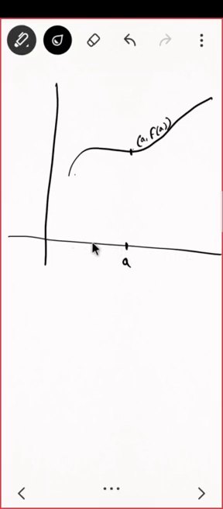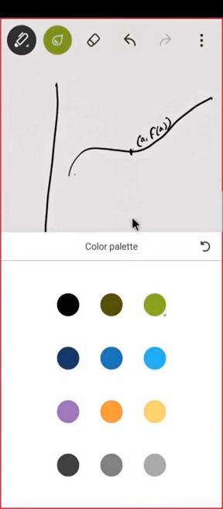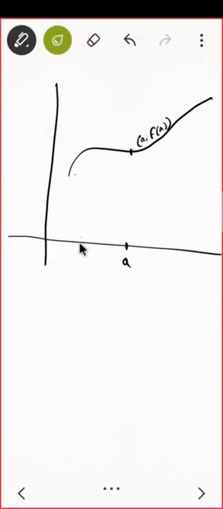If I take my x this side, so let me just change the color. Suppose this is my x, and the point will be x comma f of x, correct?